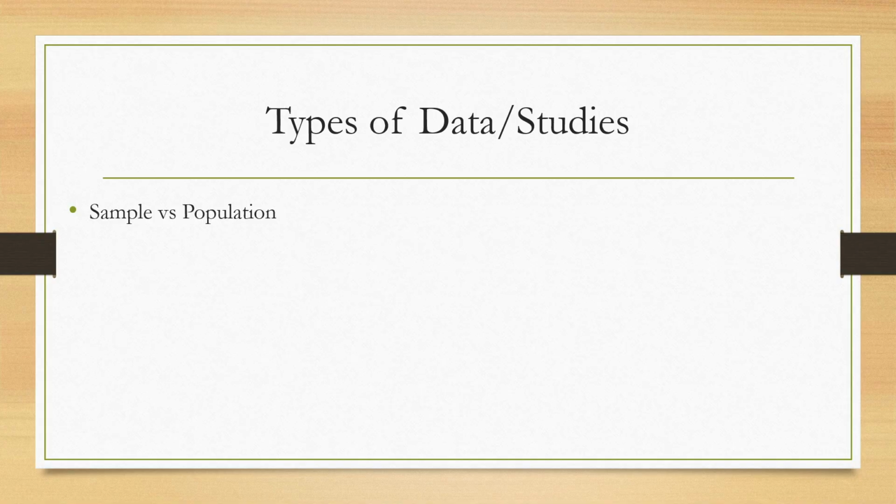Now, these decisions may affect the population, and in fact likely do. These decisions will affect people outside of just the sample. So it's important to realize the distinction between the sample and the population. One of the goals of getting a good sample in research is to get a sample that in some way represents the population.